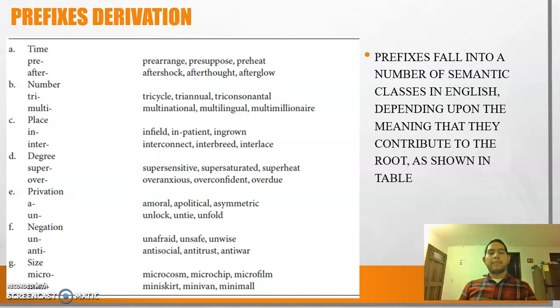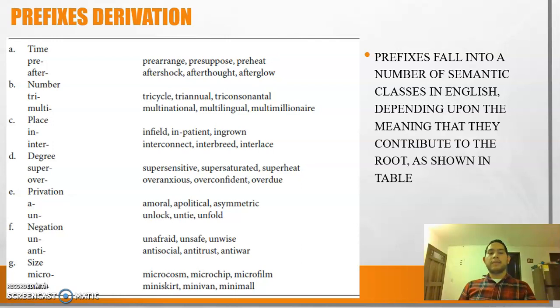Privation, for example, a and un, amoral, apolitical, unlock. Negation, also un and anti are prefixes that you can use to negate the word.